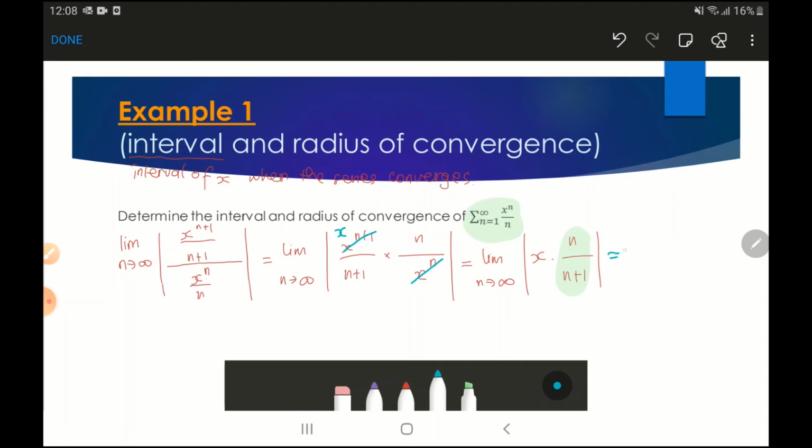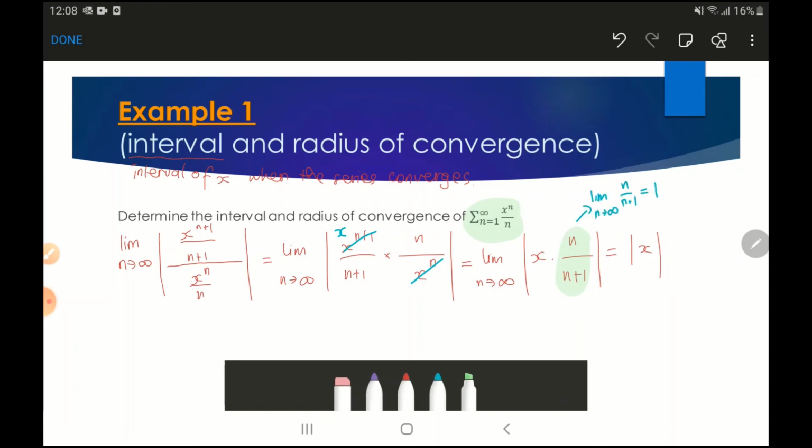So the result for this is actually just the absolute value of x. Okay, so let me put notes.